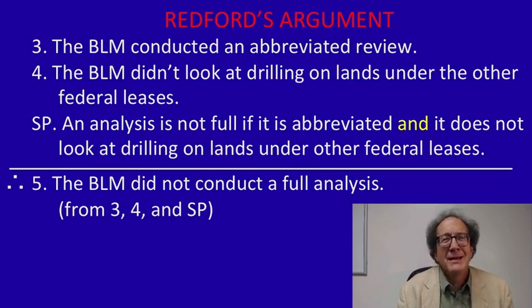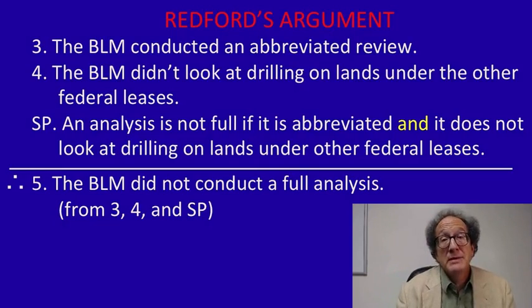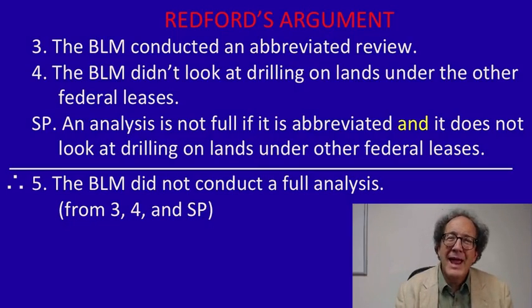And some people might say, if it's only got one of those problems, it's still a full review. You know, it's a little problem, it's a little flaw. But if it's got both of those problems, then Redford's on stronger ground in saying together they show that that's not a full review. So if I want to make his premise look good, and that's part of the point, then I want to use and in the suppressed premise here instead of or.